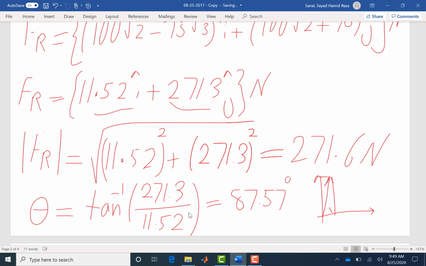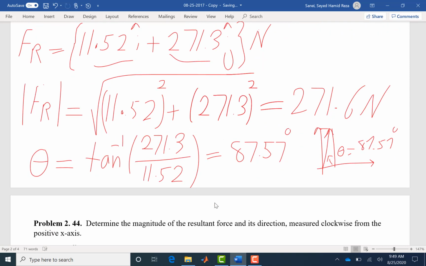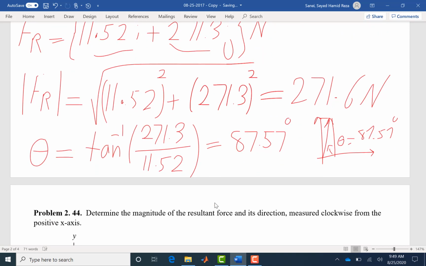That's why I said that the angle should be very sharp here, which we found: a sharp angle of 87.57 degrees. So we found the two unknowns that the question was asking for, the magnitude and also the angle.